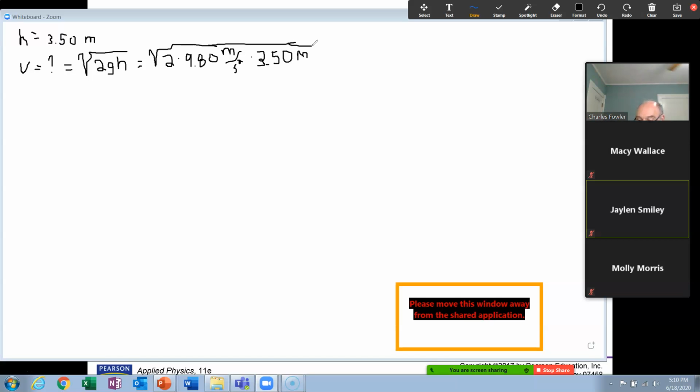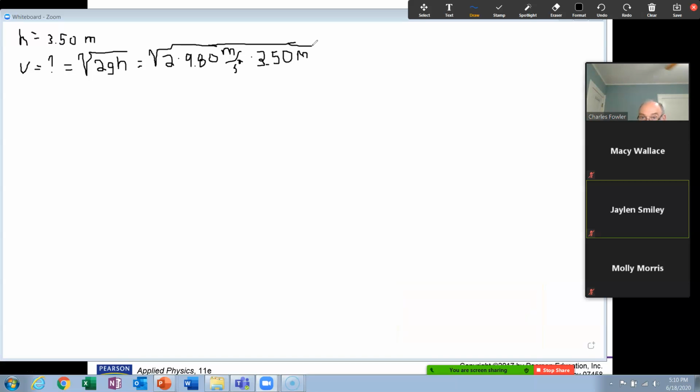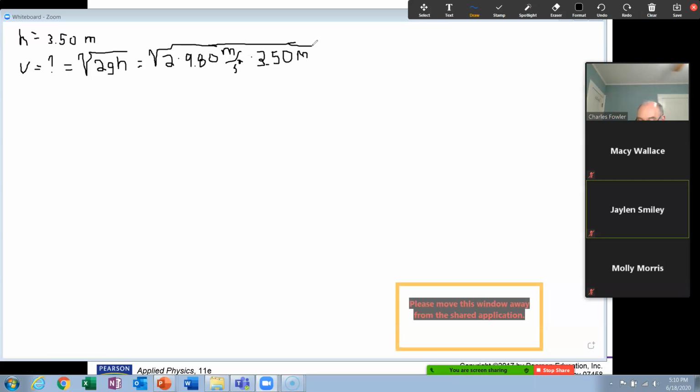So I enter 2 times, now if you got a graphing calculator or any kind of calculator, most of the newer ones you do the square root symbol first. Not this one. This is a telephone. It has to do it the old way. 2 times 9.8, you don't have to put that extra 0 on it. The cell phone will take care of that. Times 3.5 equal, okay, and then take a square root.